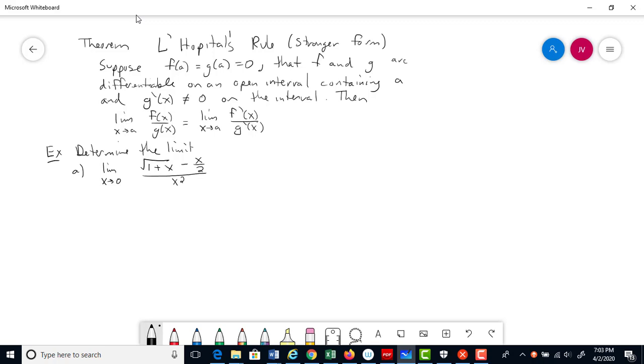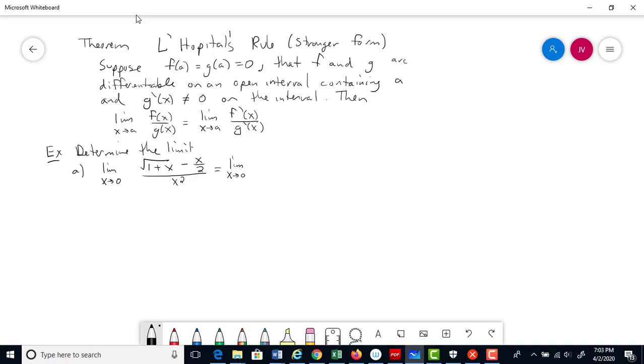Okay, so L'Hopital's rule says that the limit of the rational f over g is equal to the limit of f prime over g prime. So I'm going to take the derivative of the top, and it's going to be on the top over here. I'm going to take the derivative of the bottom, it's going to be on the bottom over here, but I'm going to keep this exact same limit.